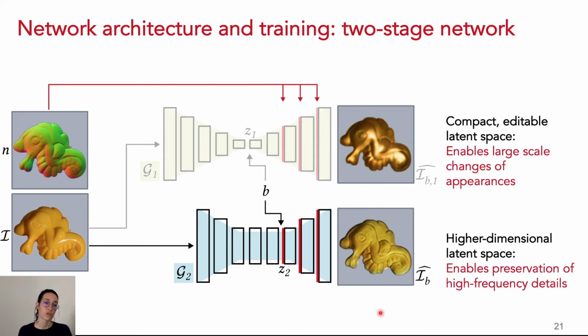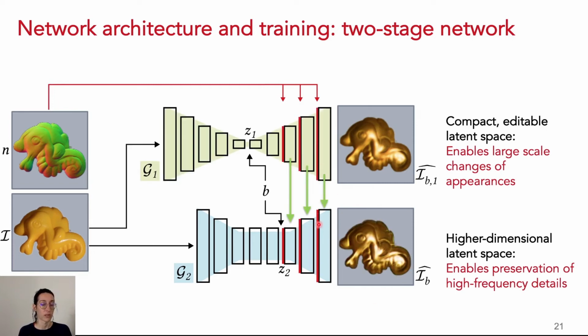Then we will transfer features from the first network to the second one so that we transfer those large-scale changes in appearance into the second network, and at the end we obtain an image that both contains this nice change of appearance and also has more high frequency details. And that is the final image that we wanted to reach.